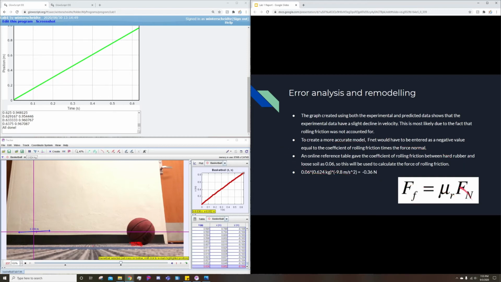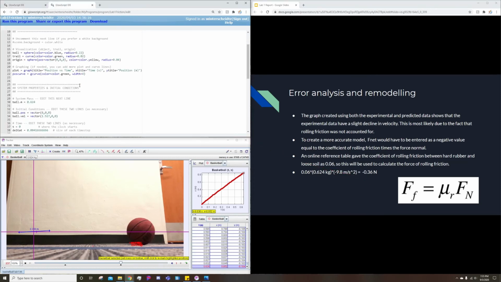I found the coefficient of rolling friction on an online reference table, and a similar one. So it was hard rubber on medium compacted soil, and it was 0.06. So I used that to find friction, and the force was negative 0.36.